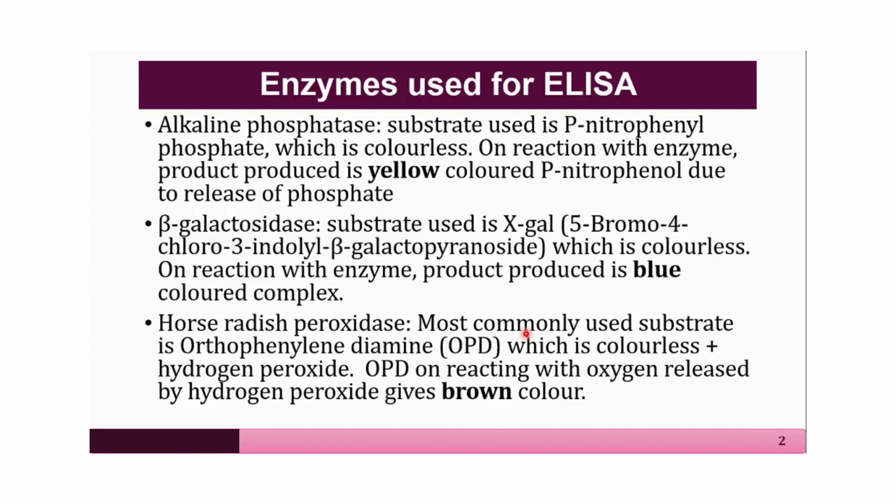For this technique, there is the need of enzyme-linked antibodies. Enzymes are conjugated to the antibody using the indicator label technique, which I had explained in a separate presentation, on how indicator labeling of the antibody is done.